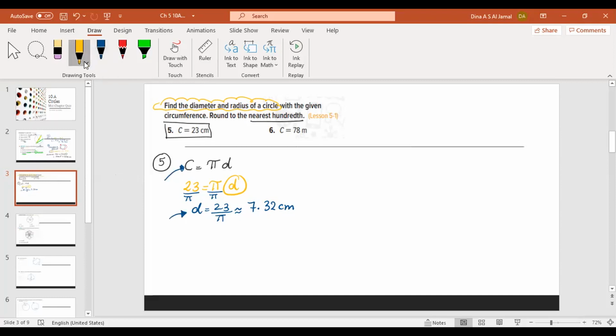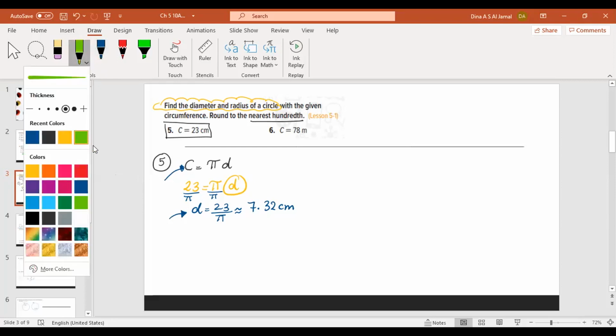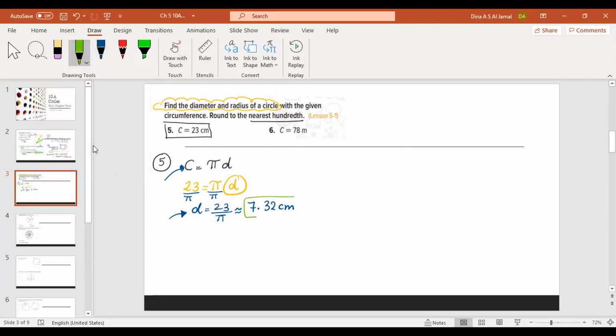Either you depend on the value that you got previously, and you know that your radius is half the diameter, so you just divide what you got by 2, which gives around 3.66.